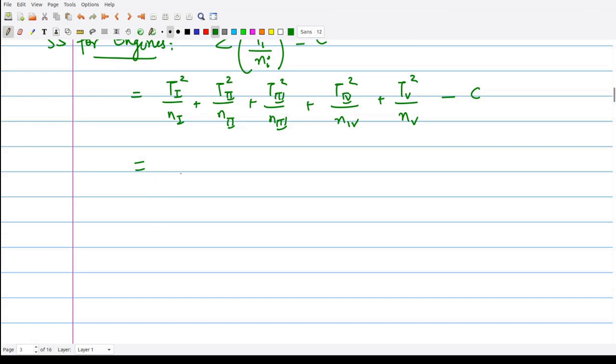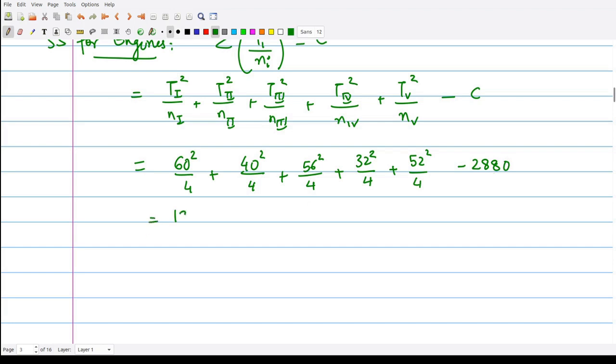So we have 60 square divided by 4 plus 40 square divided by 4 plus 56 square divided by 4 plus 32 square divided by 4 plus 52 square divided by 4 minus 2880, the value of C, and this comes out to be 136.